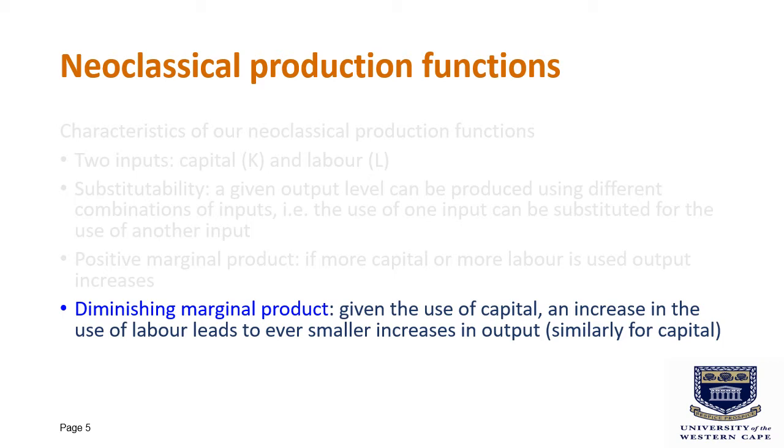When I add that one unit of labor, it might give me maybe 10 more products being produced. Then I add another one labor. Now instead of getting 10 more, I might get 9.9. And similarly, when I add another labor, instead of getting 10 more, maybe I get 9.6. So we have this idea of diminishing. It is increasing the output, but at a decreasing rate.